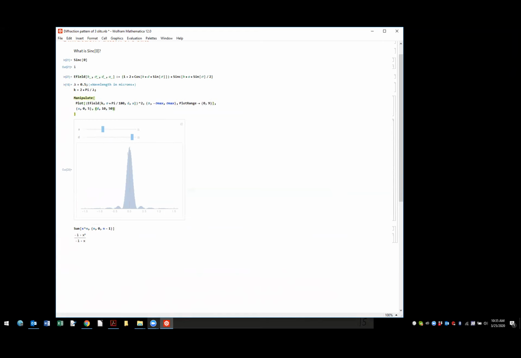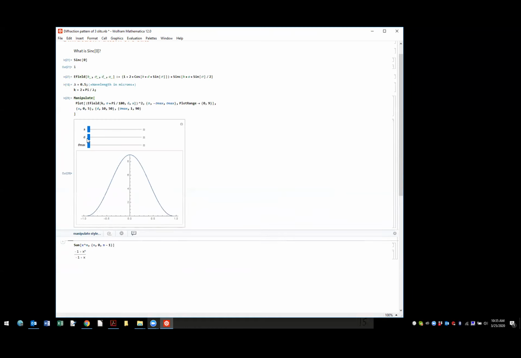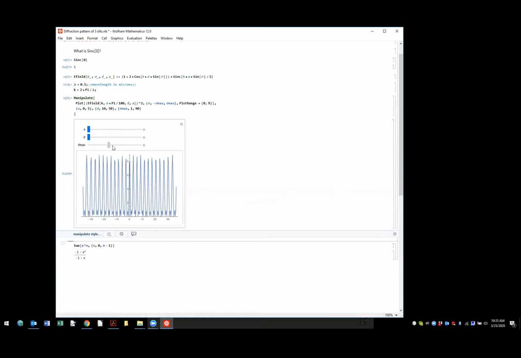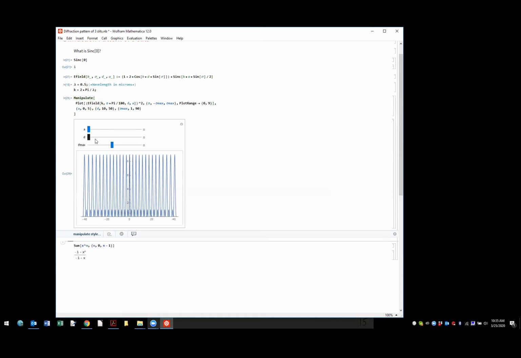I'll show you what I'm doing. I'm just going to change the range. It's going to make it possible for us to take theta max anywhere from 1 degree to 90 degrees. So right now here we're looking at from 1 degree to 90 degrees.